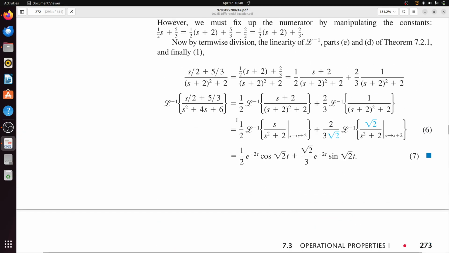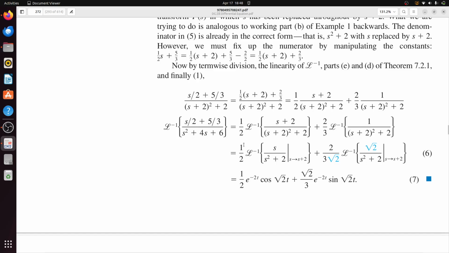So this is the answer, and all of this we are doing by utilizing the simple first translation formula.